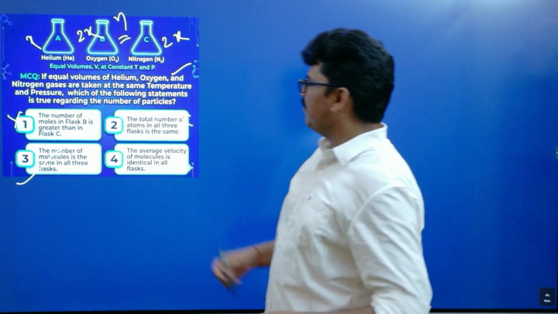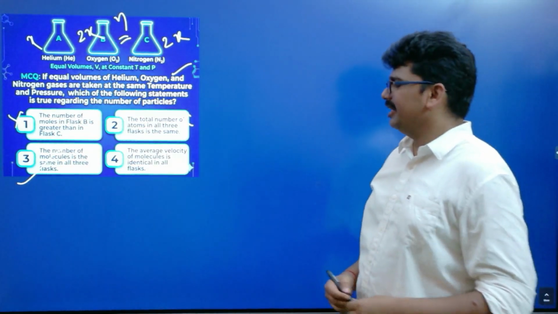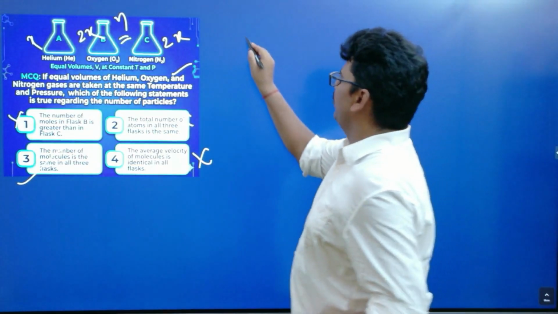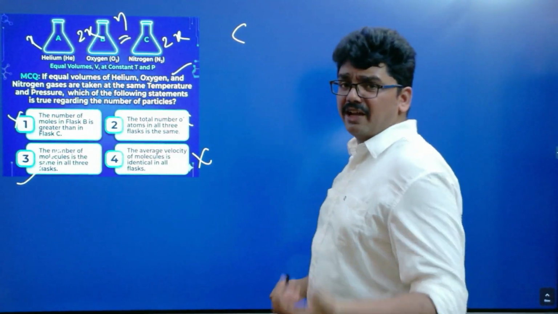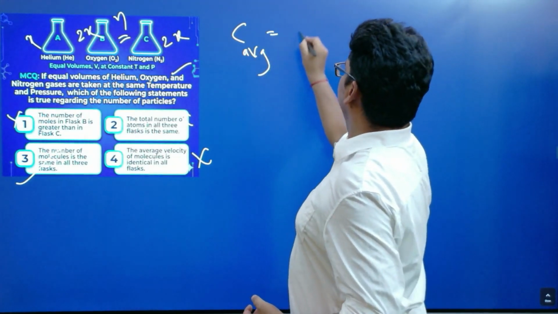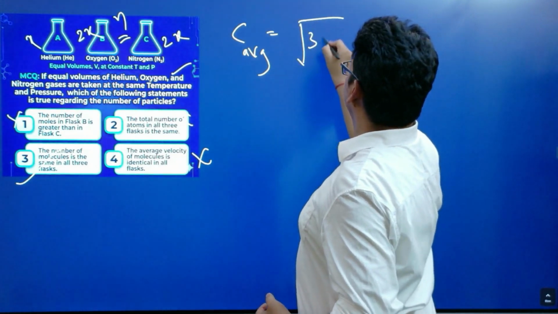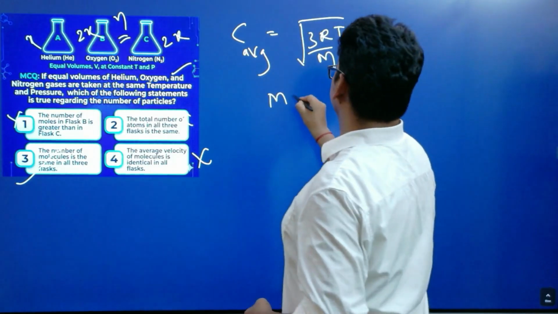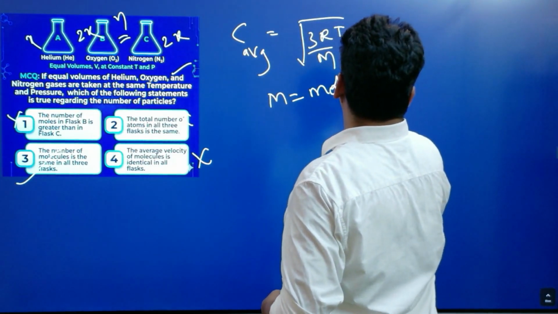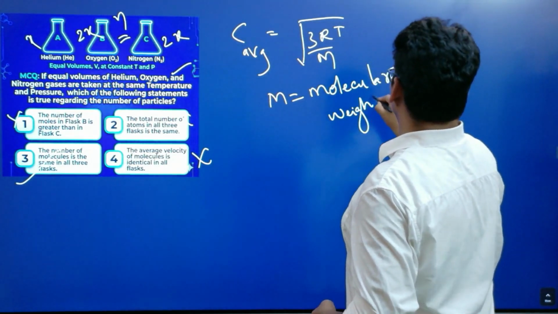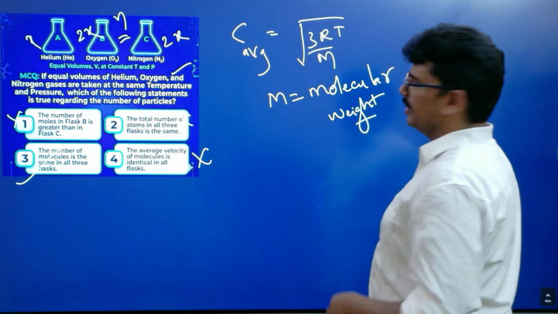Next, fourth one is average velocity of molecule is identical in all flasks. This is wrong. Average velocity means in kinetic molecular theory of gases you will study C average. Average velocity is equal to square root of 3RT by M, where M is gram molecular weight or simply molecular weight.